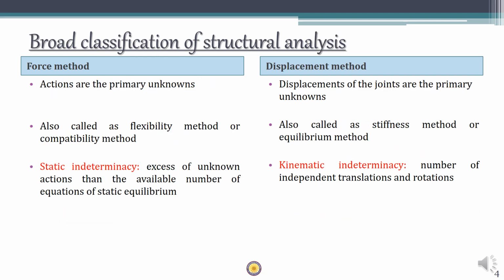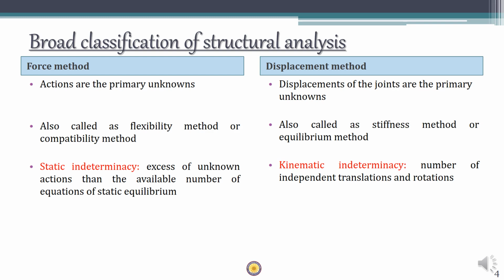Now, the broad classification of structural analysis is important. There are basically two methods of structural analysis. Any problem can be analyzed using either a force method or a displacement method. In the force method, the actions are the primary unknowns, which means that as you solve the problem, the first answer you get is an unknown reaction value.